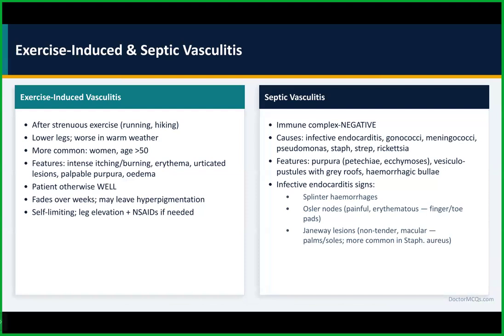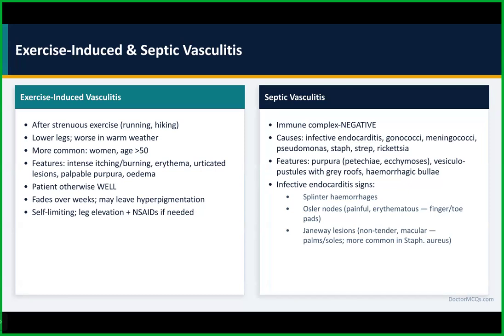Then comes exercise-induced or septic vasculitis. Exercise-induced is mostly in older adults, with a pruritic or burning petechial rash. It could be on the legs and is mostly after prolonged walking or exercise. But if you run a systemic workup of the patient, it is mostly normal. All we can do is refer the patient only if it is a hematological condition or any blood disorder.